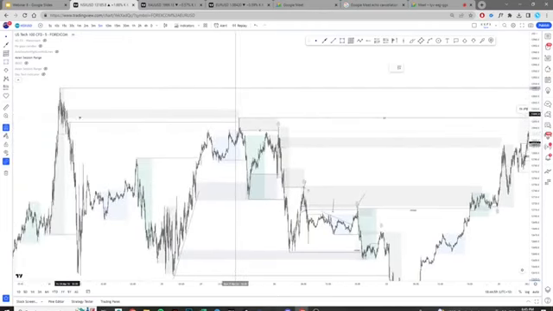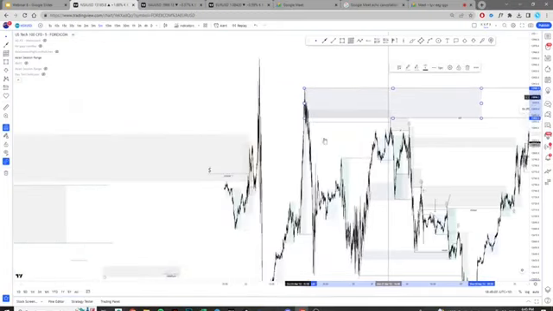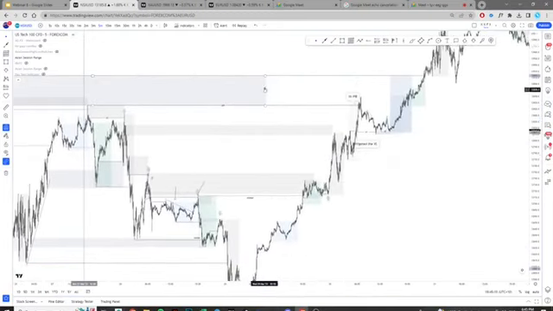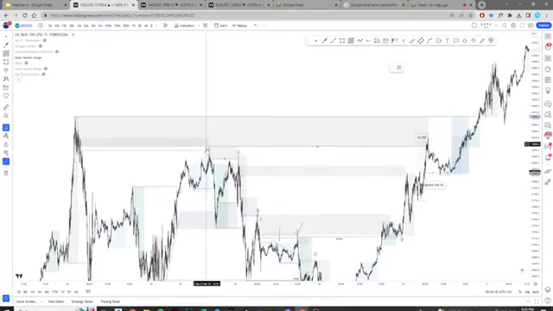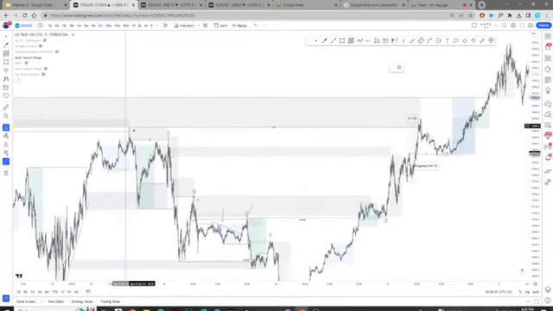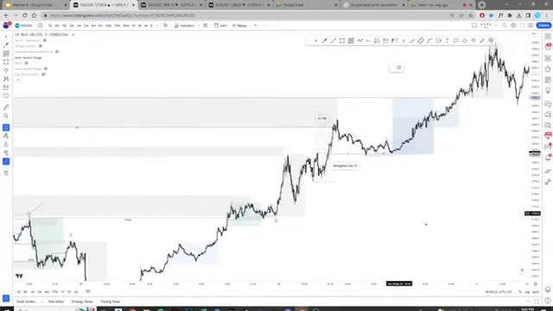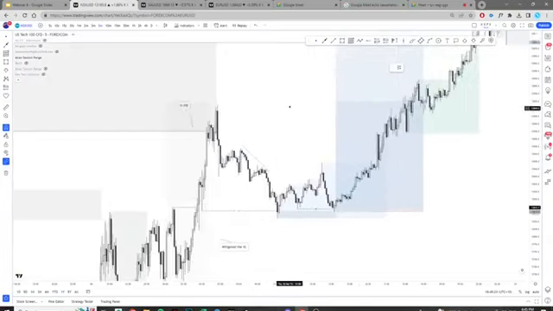This mitigated to here, but we're tapping back into this. What does that mean? We either have a medium or minor inducement. This was a strong move, strong manipulation, so it's going to act as our medium inducement. Supply, obviously it's a pullback because we already mitigated it. That high that mitigated it is our inducement pullback.